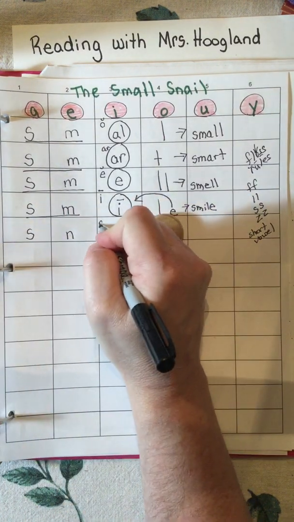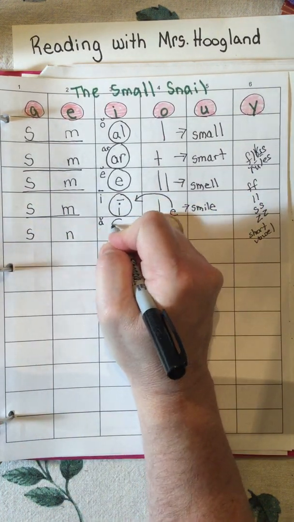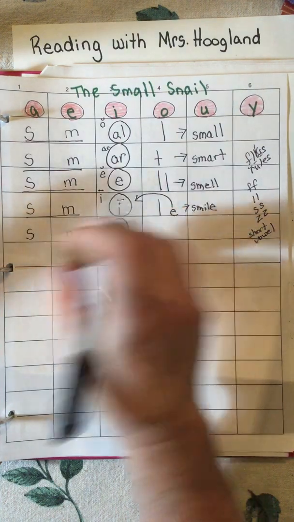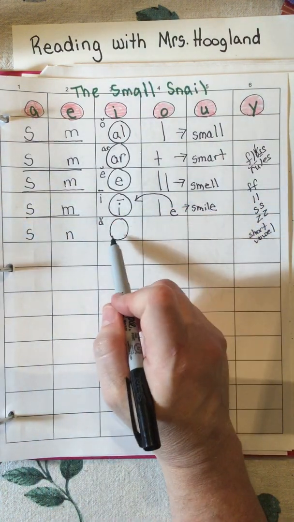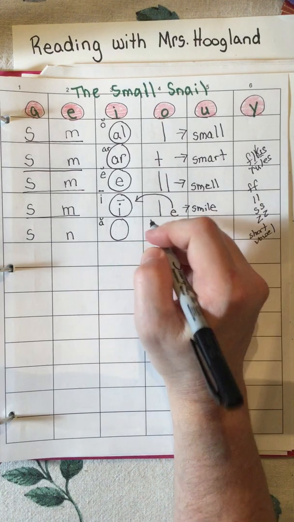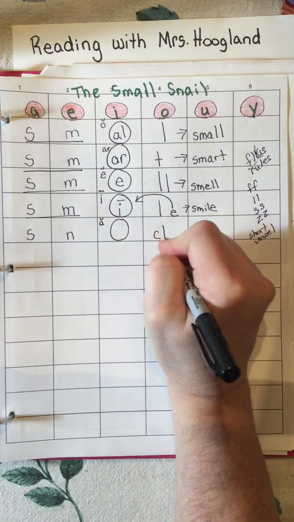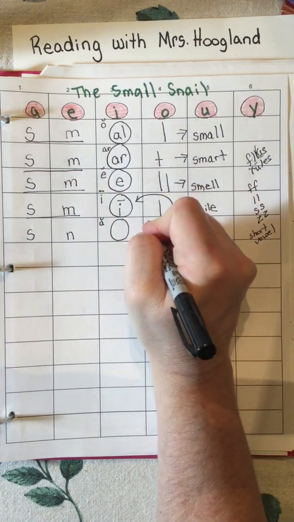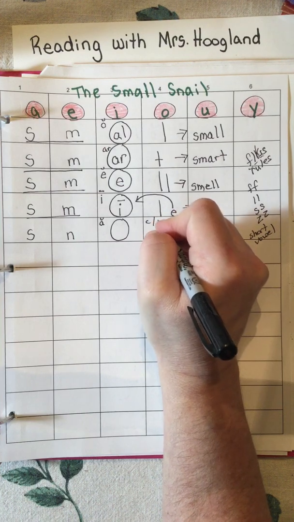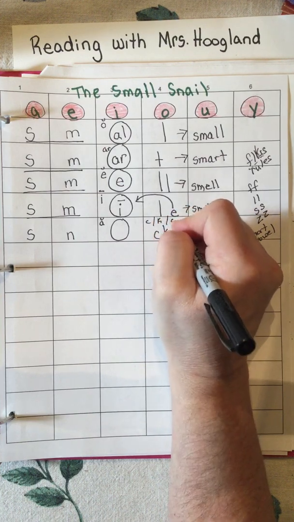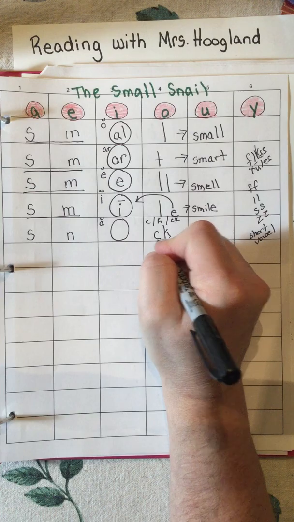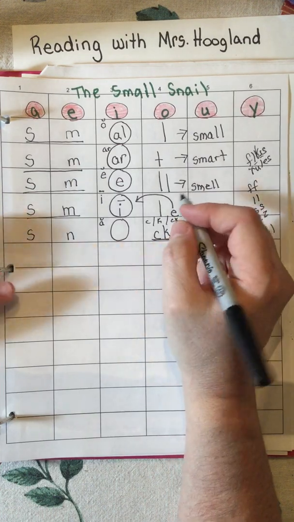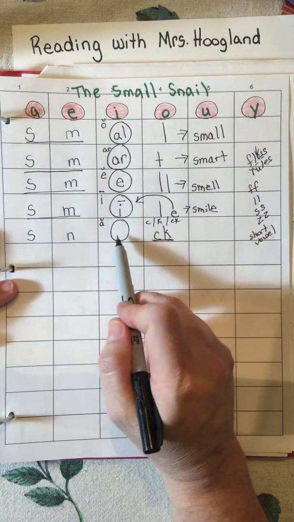I'm going to put an A up here because I'm not sure. Since this is a short vowel sound, this will be a CK. Our options are C, K, or CK. Guess which one we chose? CK.